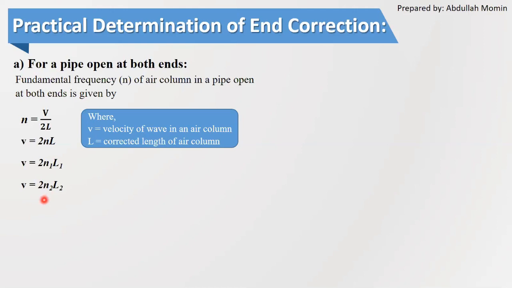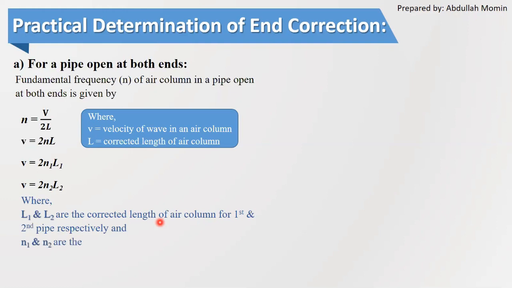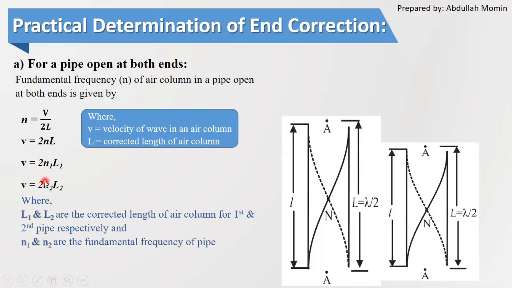Similarly, for the second pipe, the fundamental frequency is N2 and the corrected length of the second pipe is L2, where L1 and L2 are the corrected lengths of the pipes and N1 and N2 are the fundamental frequencies of the pipes.